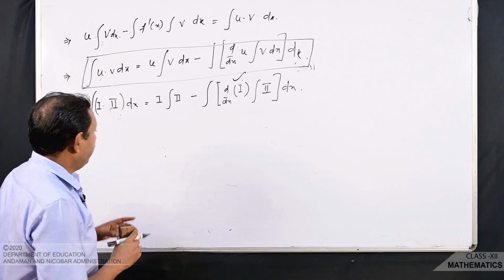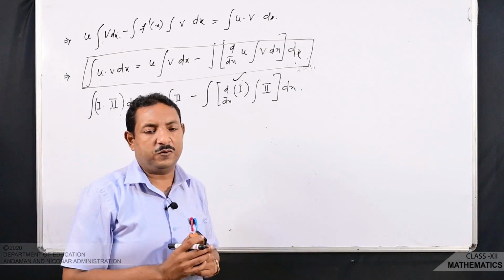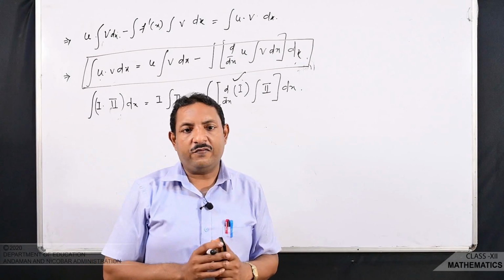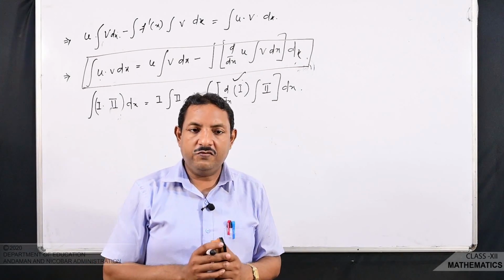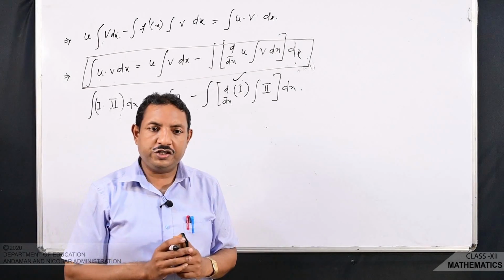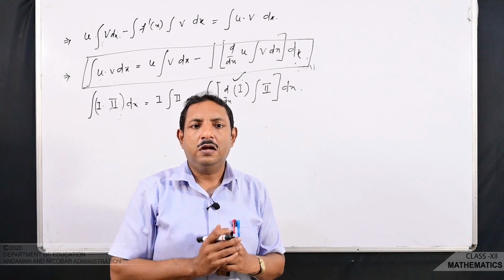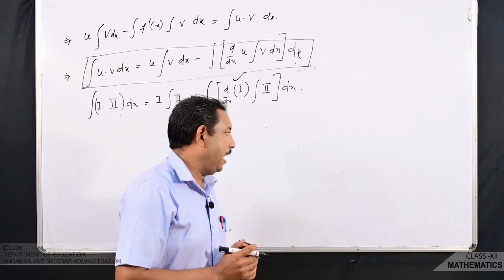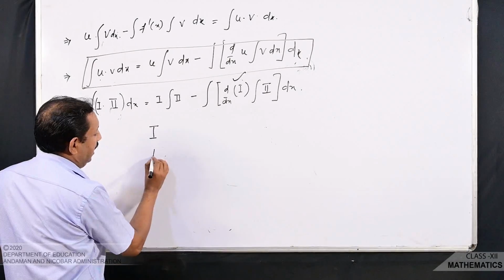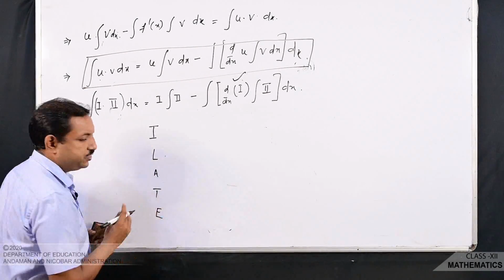I take the first letters of these functions: trigonometric functions as T, inverse trigonometric functions as I, exponential functions as E, and I make a sequence of these letters, and I get a word, ILATE.